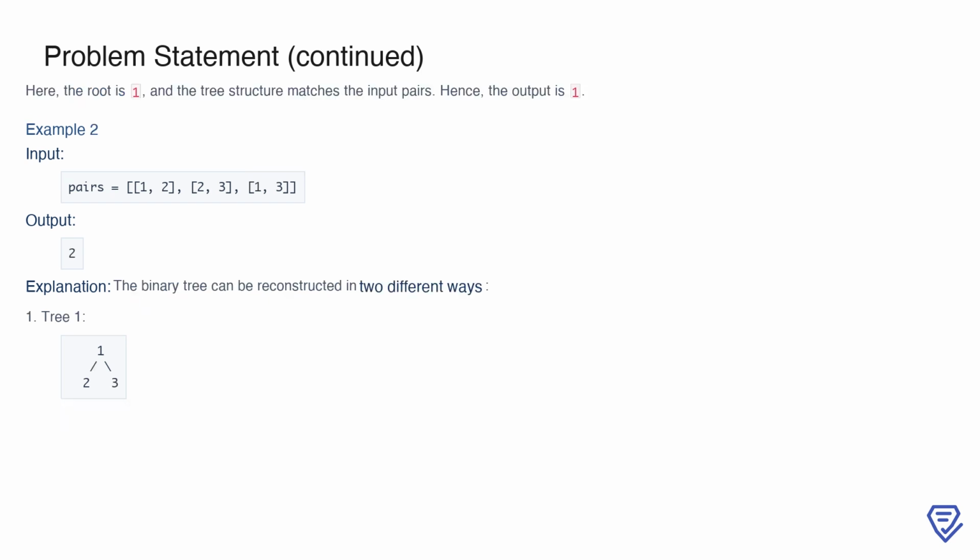Now let's examine another example, where the input is pairs equals [1,2],[2,3],[1,3]. This time, the output is 2 because the binary tree can be reconstructed in two different ways. In the first possible tree, node 1 is the root, and it has two children, nodes 2 and 3. This structure satisfies the given pairs, as 1 connects to both 2 and 3, and 2 connects to 3.